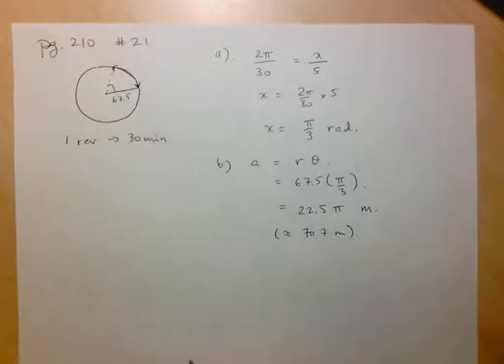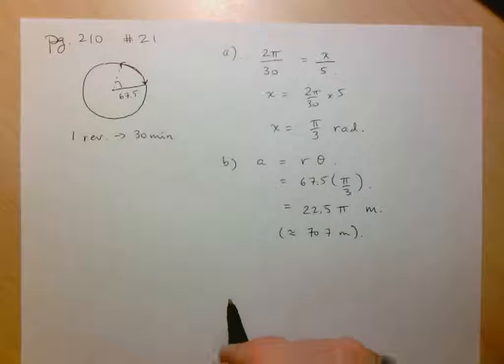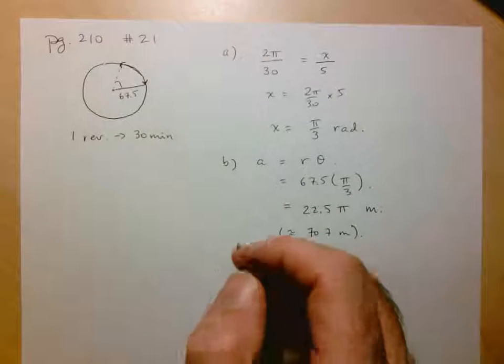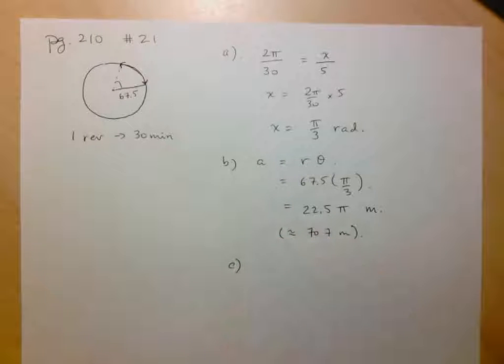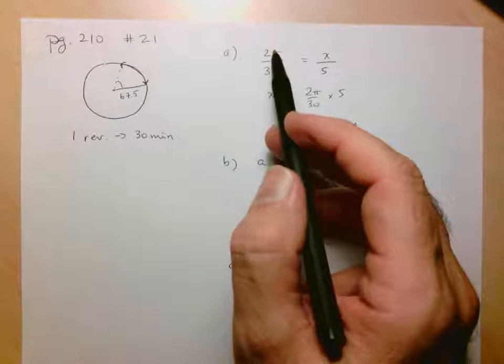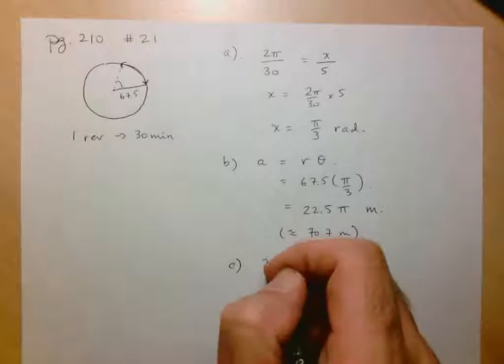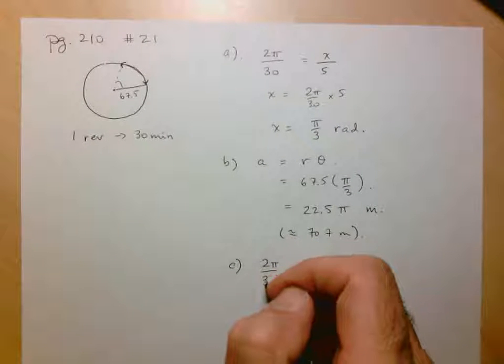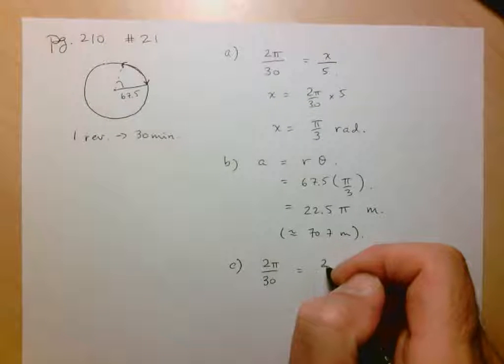Again, I could solve this by finding the angular velocity directly, but I could also solve it just using a proportion as we did before, because we have that relationship between angle and time. It travels 2 pi radians in 30 minutes, and we want to know how long it takes to travel 2 radians.